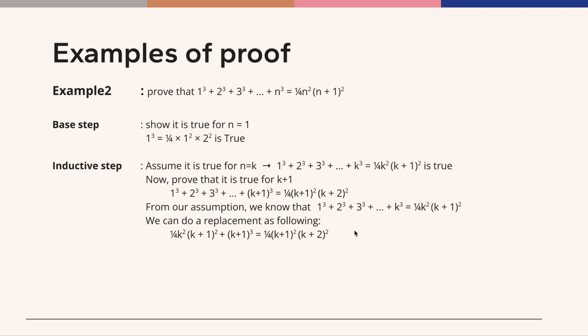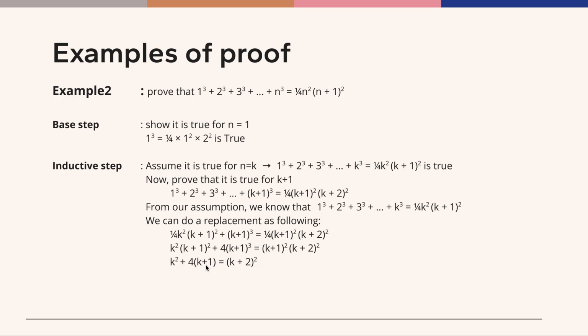So after we get this, we don't want to keep the division, and we want to multiply it in order to get this, because it is easier to calculate than the division. After that, we can factor this because we see that k plus 1 squared can be factored from this as well, and after we factor, we remove it, and then we get this result.